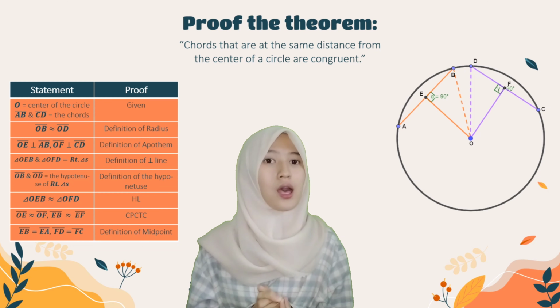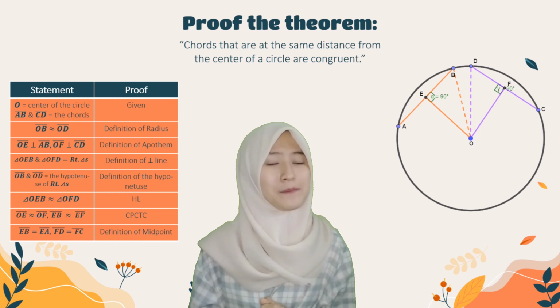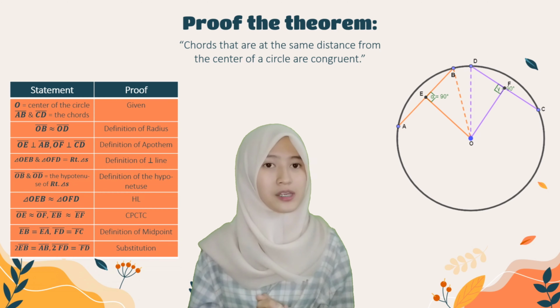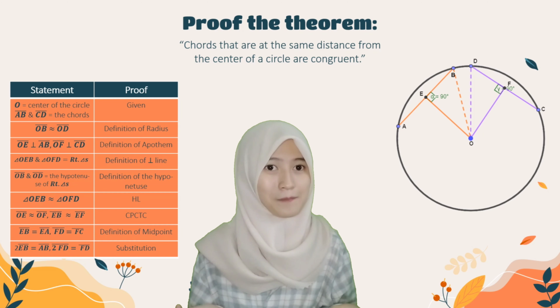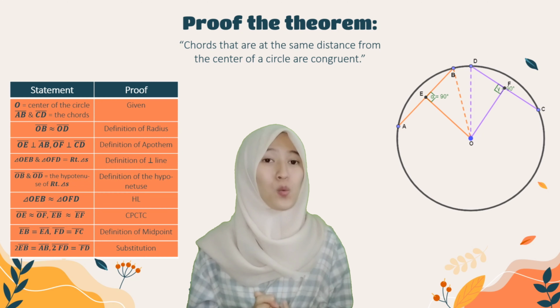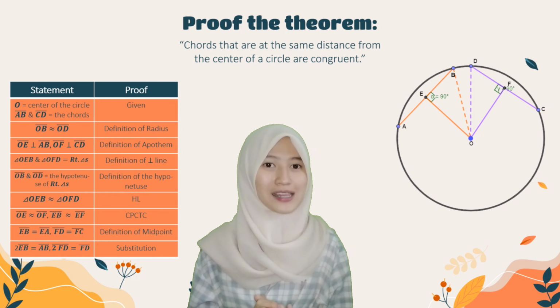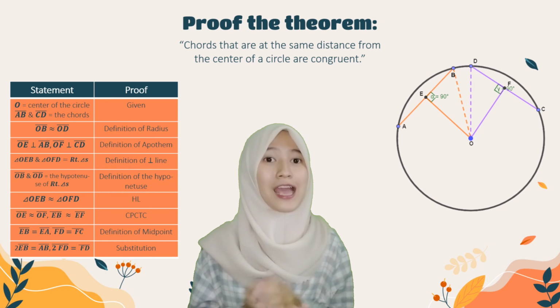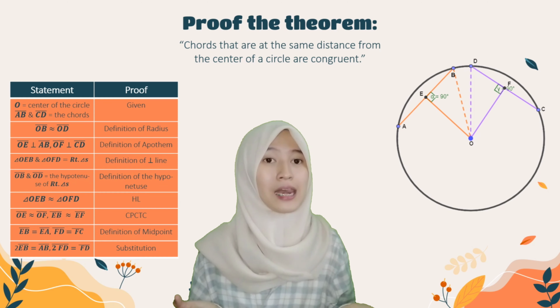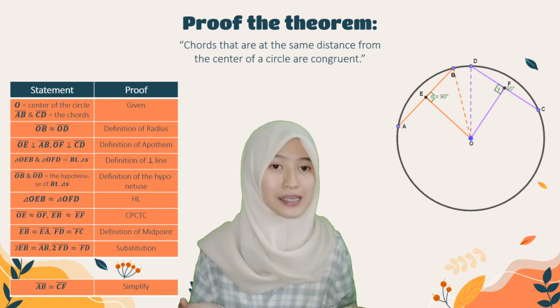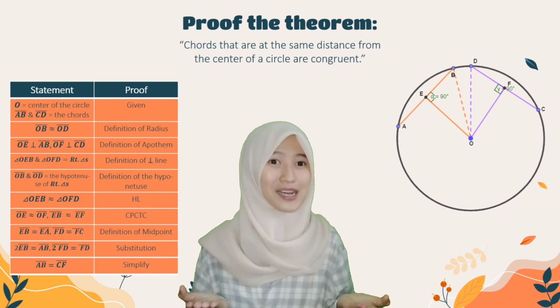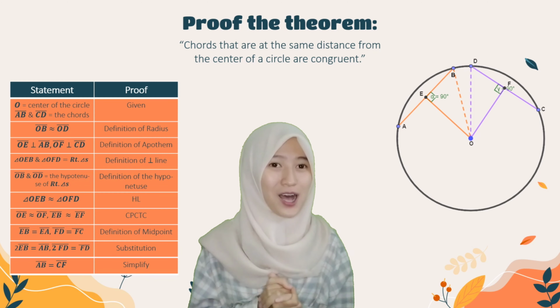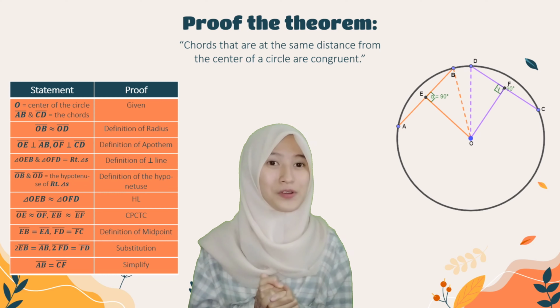So, 2EB and 2FD are the same, so we can conclude that the length of line AB and the length of line CD are the same. It is congruent. So, this proves the theorem.